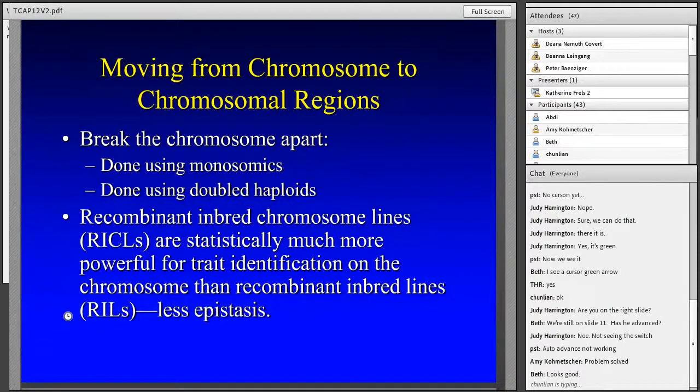Okay, so now the question is, how do we go from knowing that chromosomes have an effect to what region of the chromosome has an effect? Because again, we're still not able to truly separate the infinitesimal model from the QTL model, because it could be that just by happenstance, chromosome 3A has 100 small effect QTLs on it that are indistinguishable, and we can't really say that it's not infinitesimal.